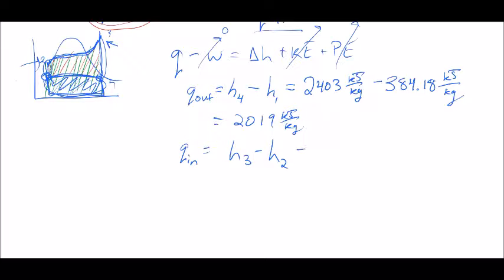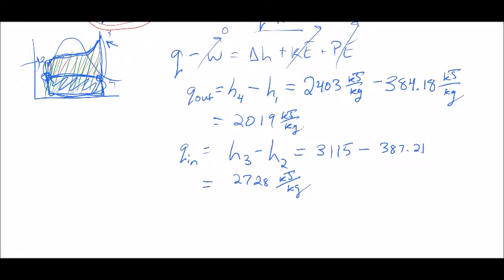That gives you your Q in. So we plug in values, which again we calculated above, 3,115 minus 387.21, and we do the simple math and find that Q in equals 2,728 kilojoules per kilogram.